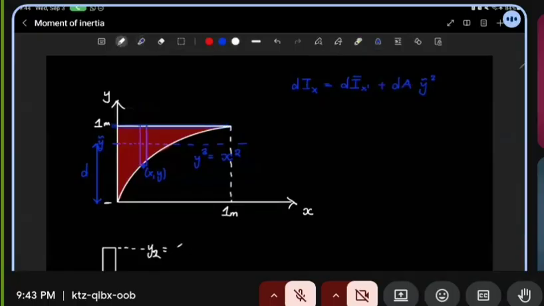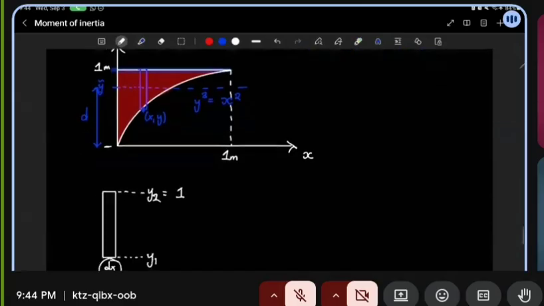So y2 is a constant 1. But y1 depends on the curve, and the curve is y to the power 3 equals x squared. So you make y the subject by raising everything to the power one over three. In other words, this would be x to the power 2 multiplied by 1 to the power 1 over 3, which is basically x to the power 2 over 3.